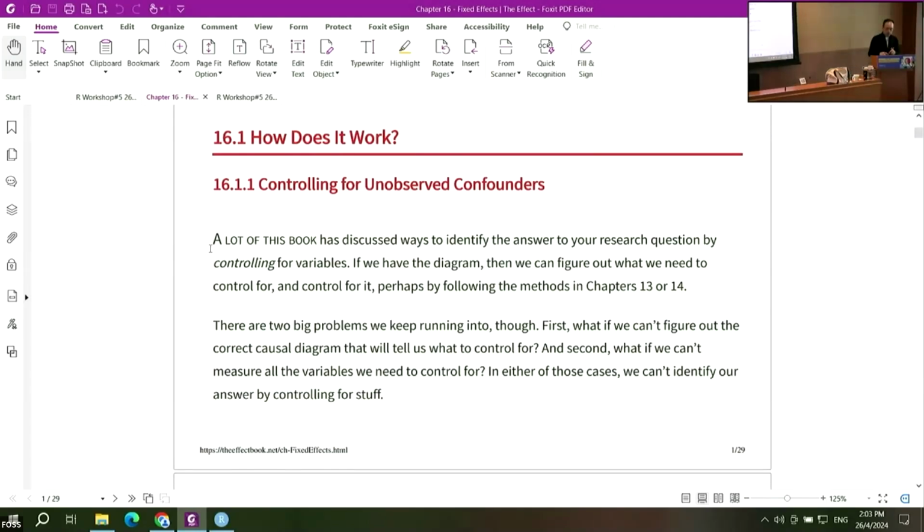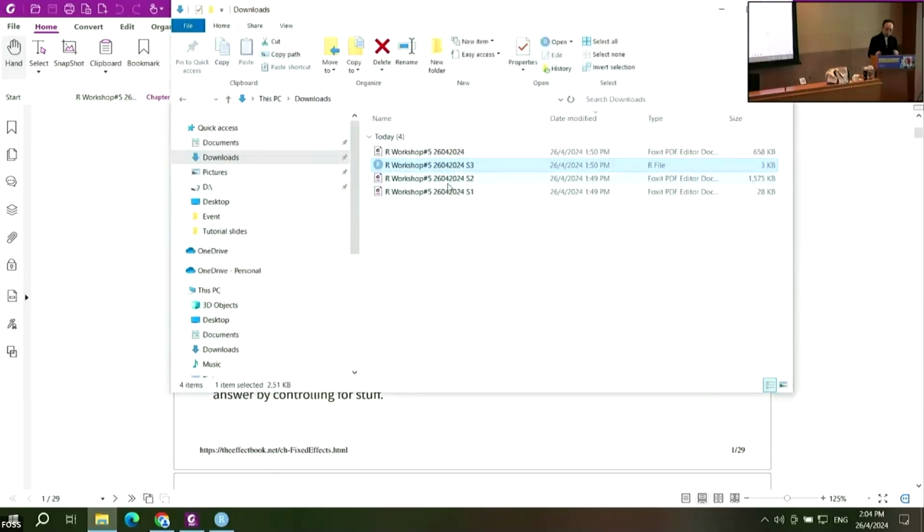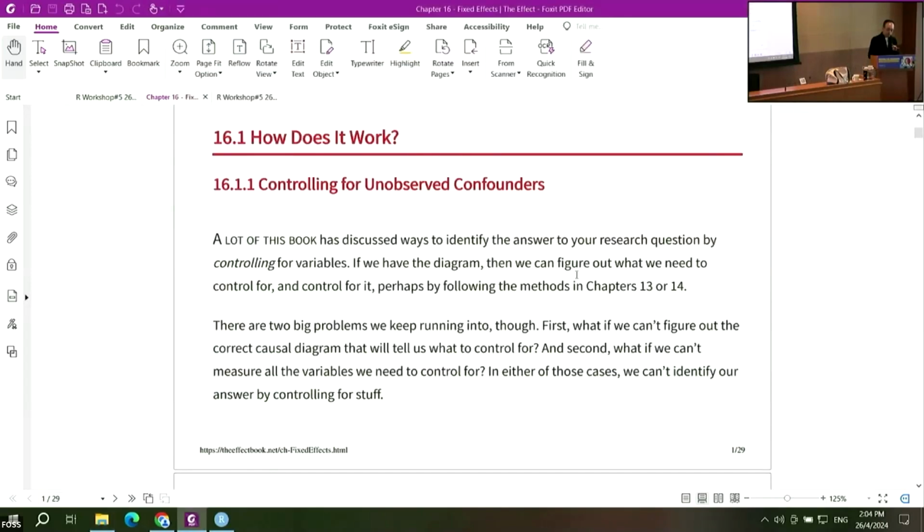So my plan for today is to do a couple of things. First of all, this is our workshop material that I sent to you originally for Tuesday. I'm going to begin by looking at supplementary material 2, which is what I have opened up right now. If you have it, feel free to open it. If you don't, that's fine. Bear with me.